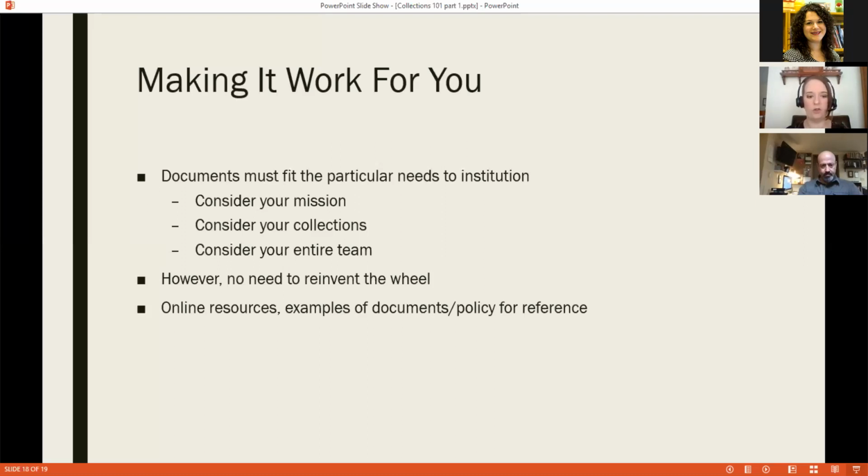There are generally a lot of online resources and examples of how you can make policy work for you. I highly recommend just hopping on Google. But that being said, I have a list of resources that I'll provide you at the end here shortly that you can use to your own discretion.